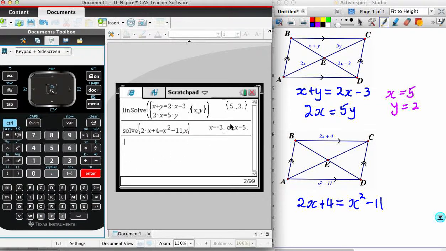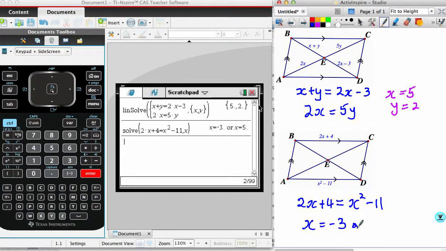Hit enter. The calculator will produce the two answers for me. x is equal to minus 3 or 5.